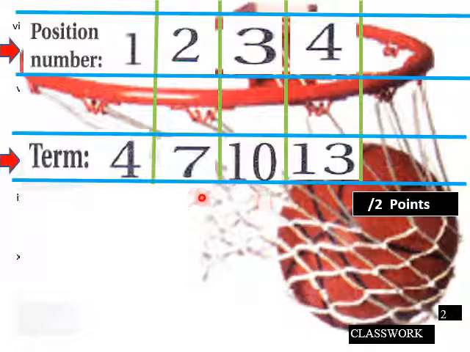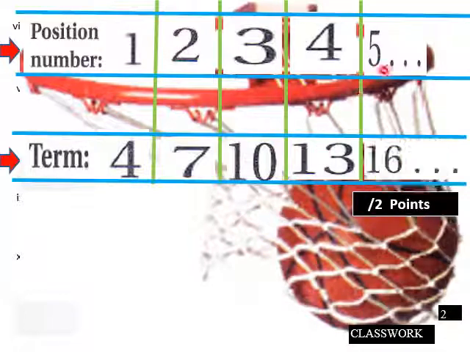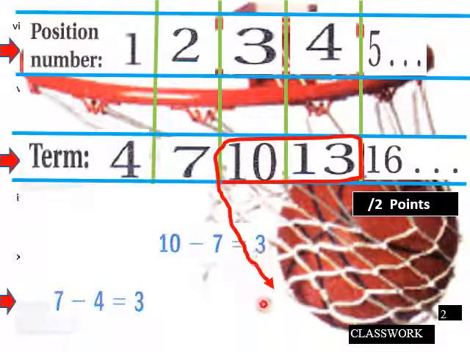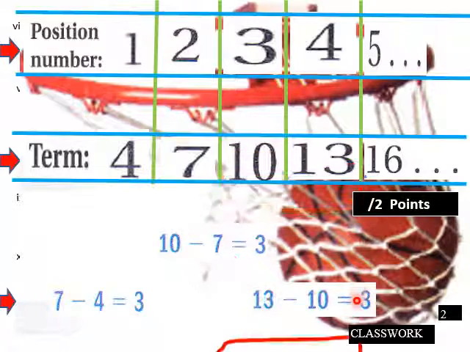So you see the pattern here. And then for 5, we would have 16. So what's the difference here between 13 and 16? It should become apparent. So 7 minus 4 would equal 3. And then 10 minus 7 is 3, and 13 minus 10 is 3.